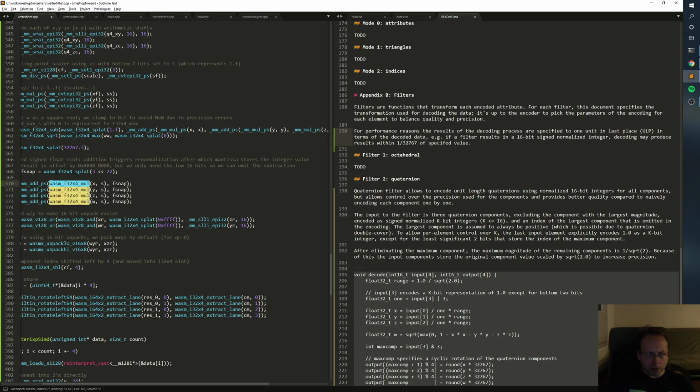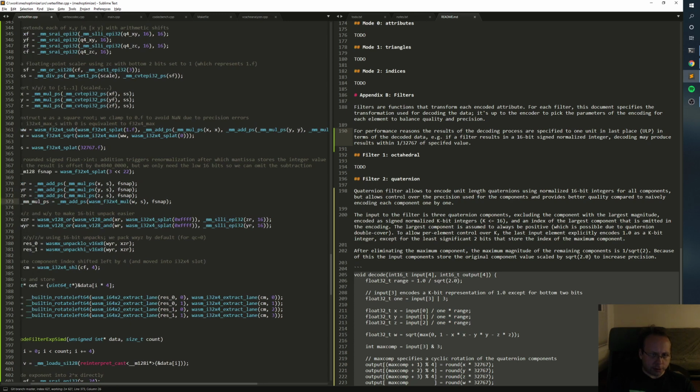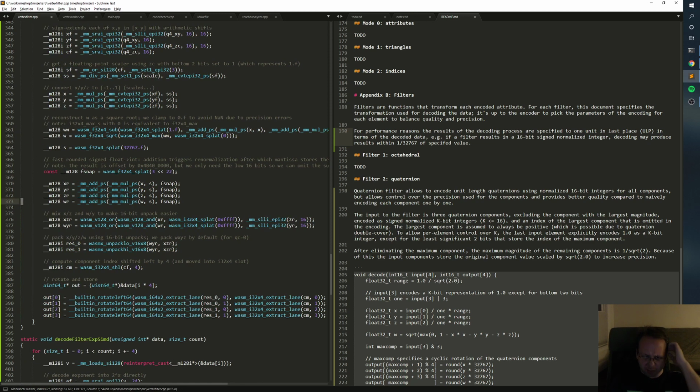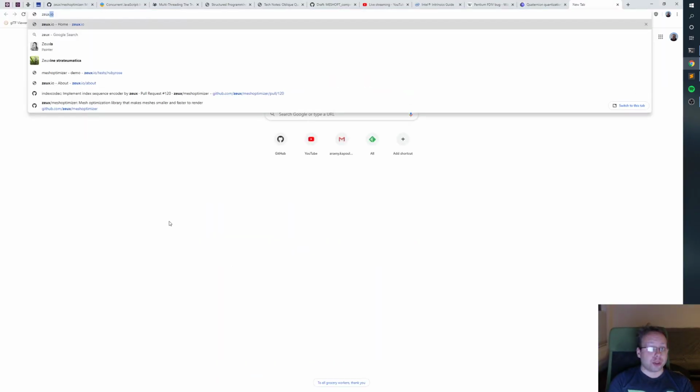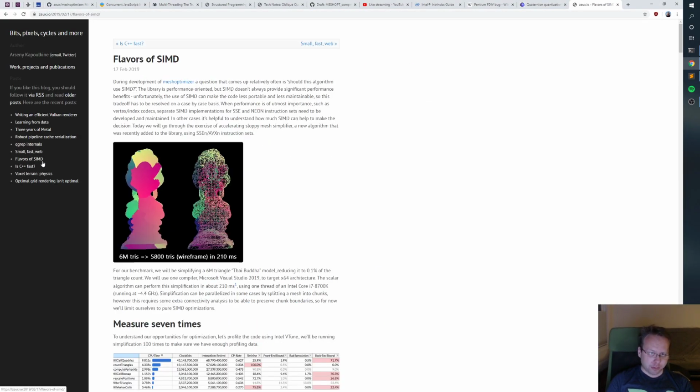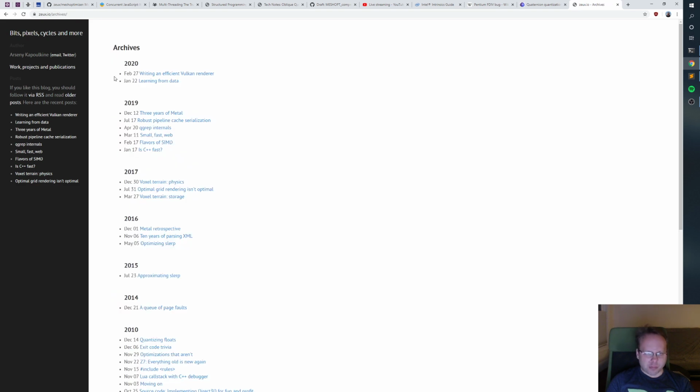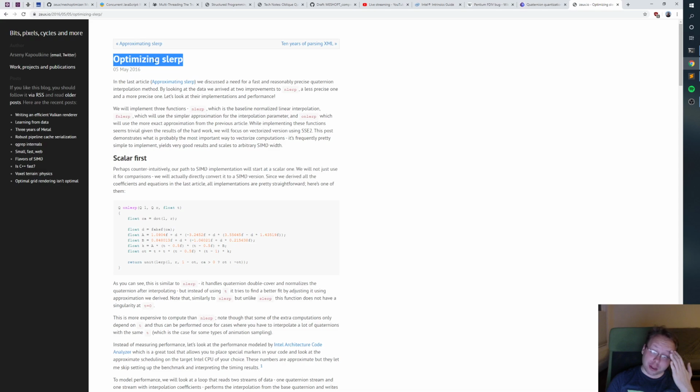I have a blog post about this general approach to writing SIMD code where you just do a scalar thing like 4 times, which, if anybody is curious, no, not here. I think it's the optimizing slur article.